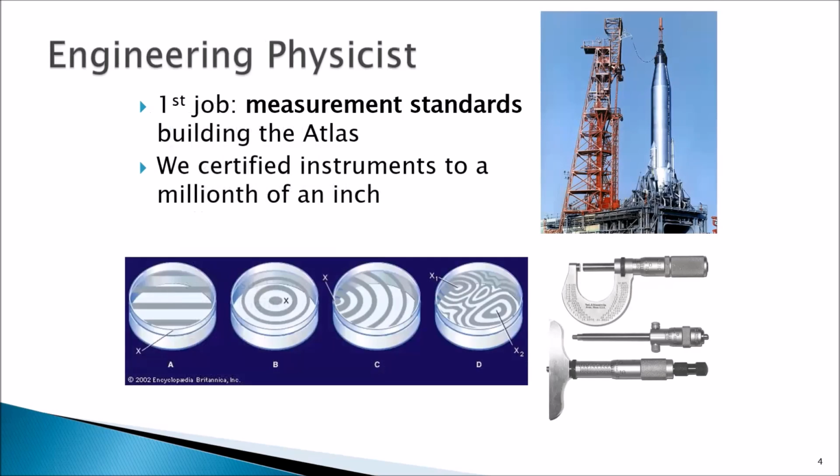I consider myself to be an engineering physicist. By that, my first job was in measurement standards while we were building the Atlas and the Centaur rockets out in California. In some cases, we were certifying the instruments used to make those rockets to a millionth of an inch.